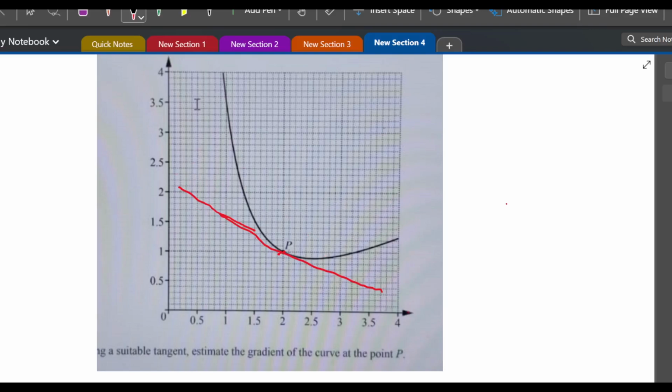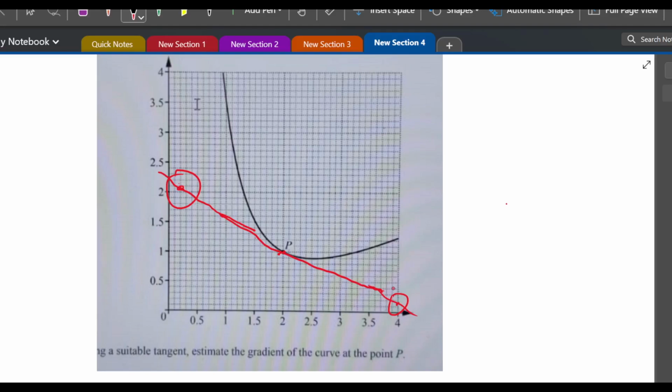Now on this line, take two suitable points. You can take any two suitable points. What I prefer is that I will extend the line here and downside, and figure out the extreme points. I will see what this value and what this value is. Take the two values as far apart as possible, y2 minus y1.